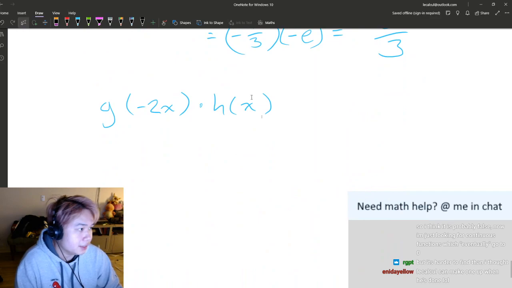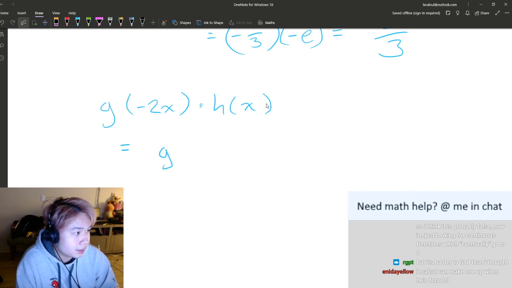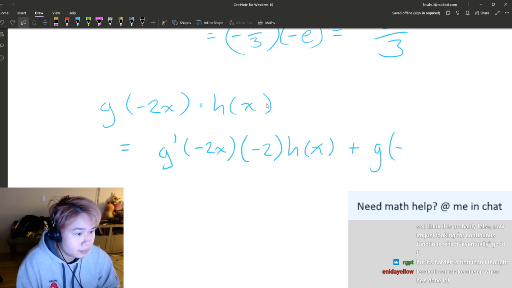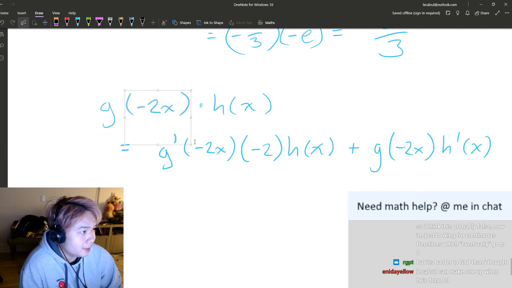Okay, I need to take the derivative of this. So do some product rule and chain rule. So the derivative of this part is all of this.